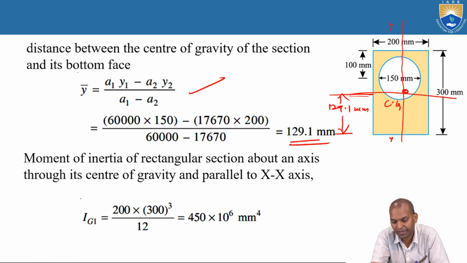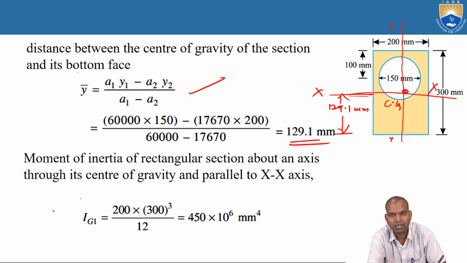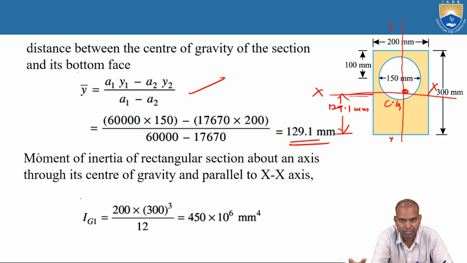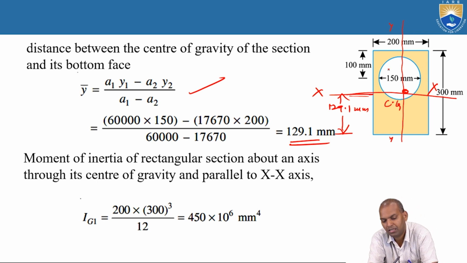Now we have to find the moment of inertia about this horizontal axis, about the x-axis. Let us begin. There are two sections. One is the rectangular section. We use the parallel axis theorem, and from that expression we subtract the circular section's moment of inertia.